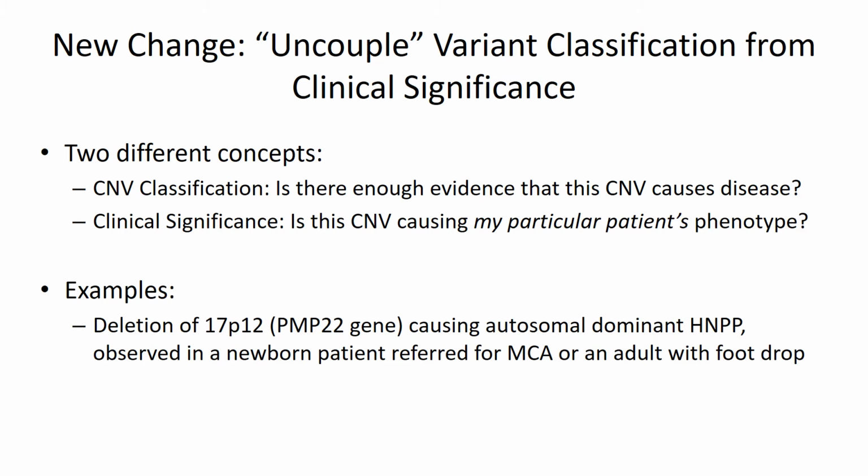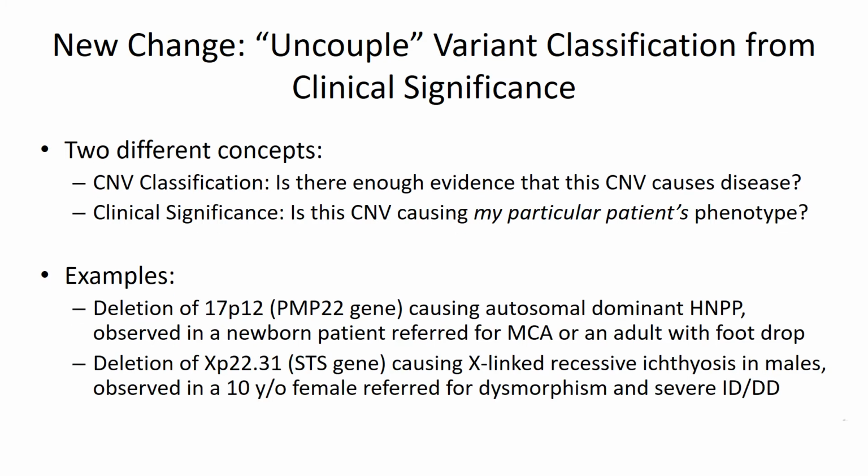For example, consider how you would classify and interpret the clinical significance for the following scenarios. First, a deletion of the recurrent 17p12 region containing the PMP22 gene, which is responsible for a later onset motor and sensory neuropathy called HNPP, observed in a newborn referred for multiple congenital anomalies, or an adult with foot drop.